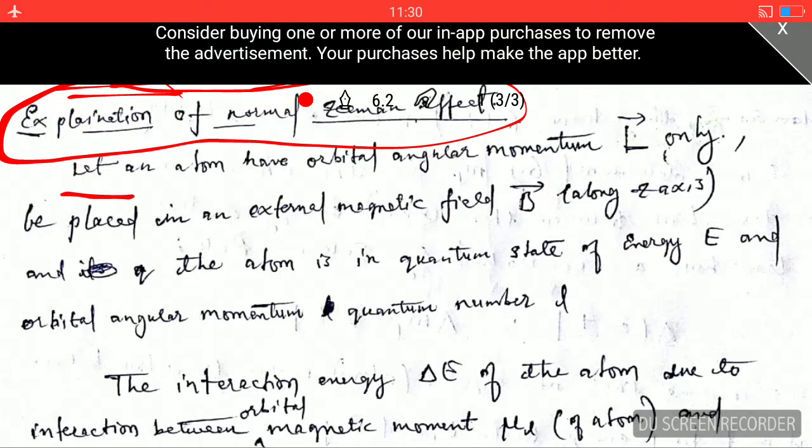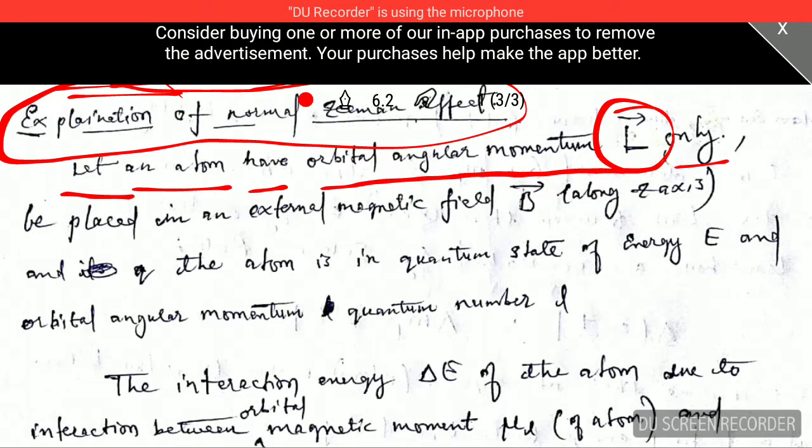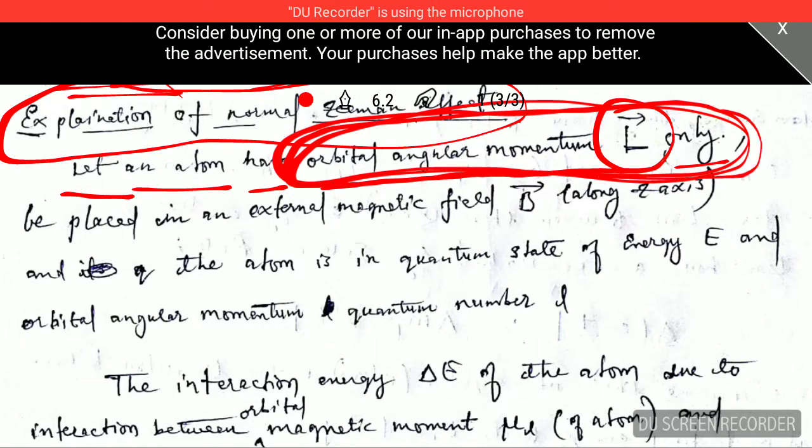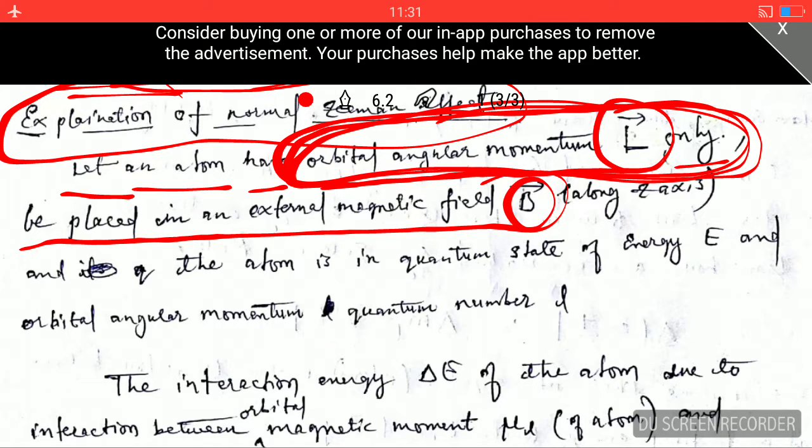Let the atom have orbital angular momentum L. To explain the normal Zeeman effect, only the orbital angular momentum is taken into consideration, and this is an important point that you can note down. And that atom is placed in an external magnetic field B along the z axis.